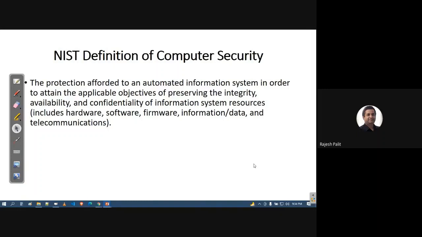For different hardware we need one type of objective, for software we need different types of objectives, and for information and data we need to maintain other types of objectives, right? So these are the protective measures we take to attain the applicable objectives of preserving those three things for hardware, software, and so on.